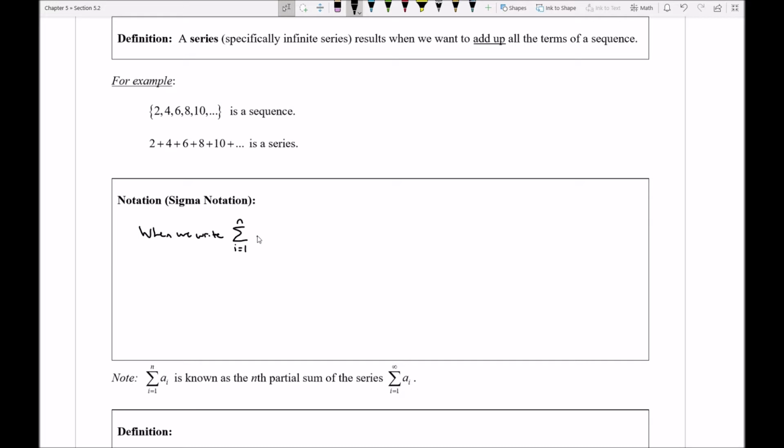However, what we're going to be adding are again items from a particular list, which we might mark with something like a sub i. And so of course, what this would look like is a number 1 plus a number 2 plus a number 3, and this would just keep going and going and going until I get to a number n, right? Because that's where the series here is instructed to stop.